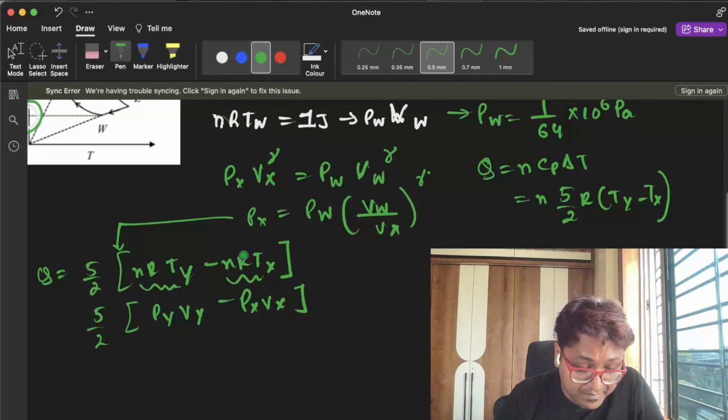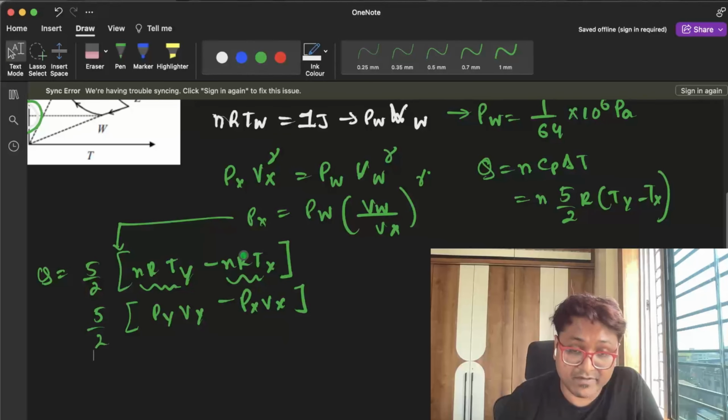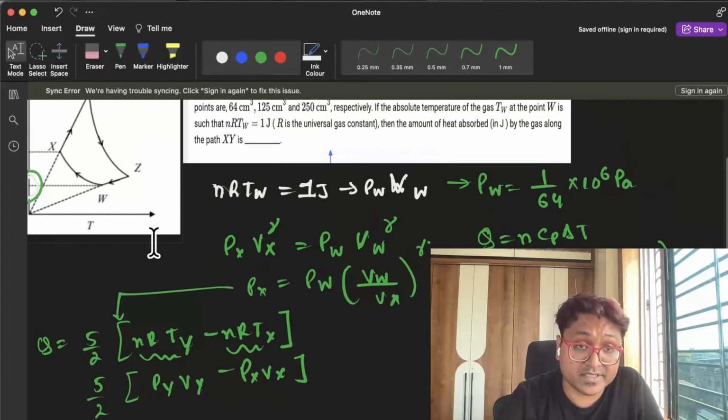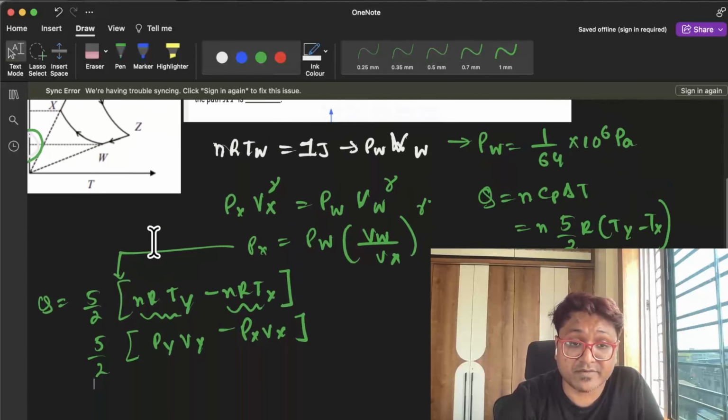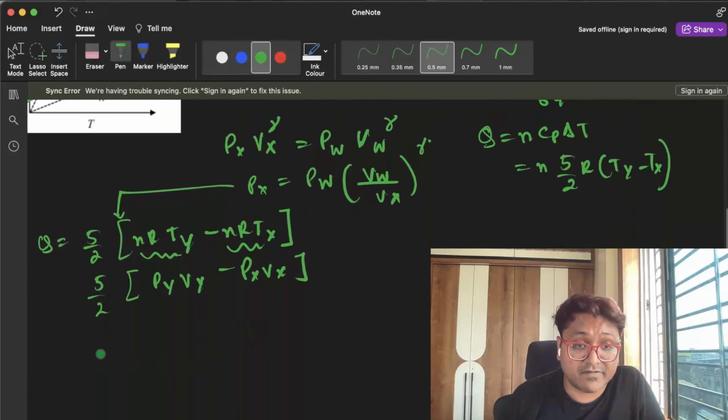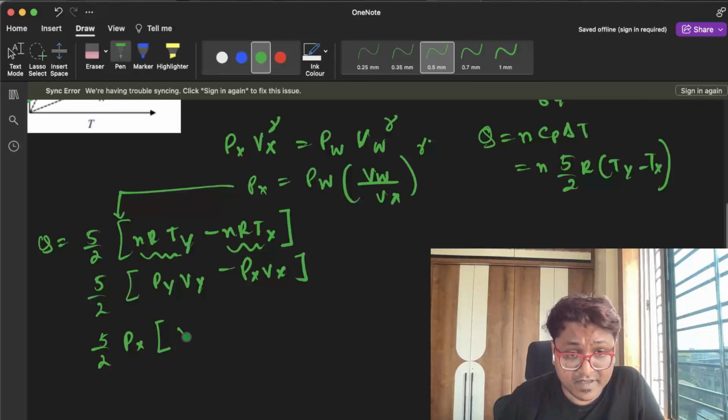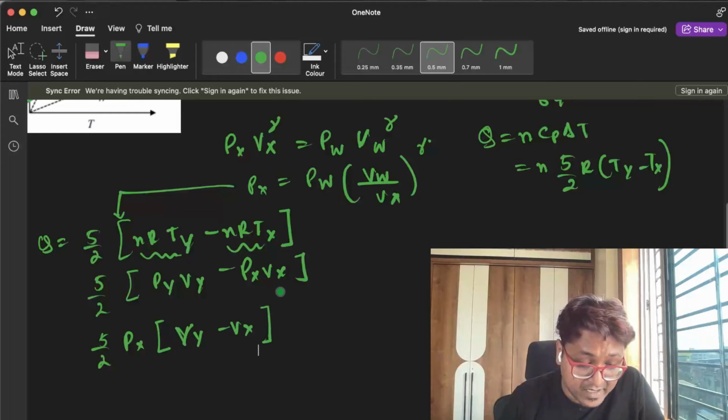Now, Px can be taken common because Px and Py will be the same, since it's an isobaric process, as said in the question. So we get 5 by 2 Px times Vy minus Vx. Very, very easy. This part is very straightforward. One thing we have found out earlier is the Px.